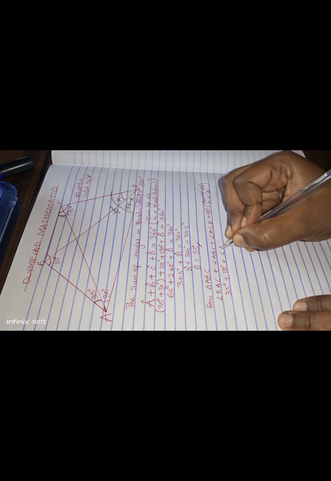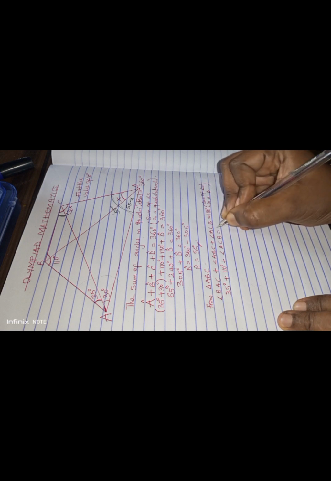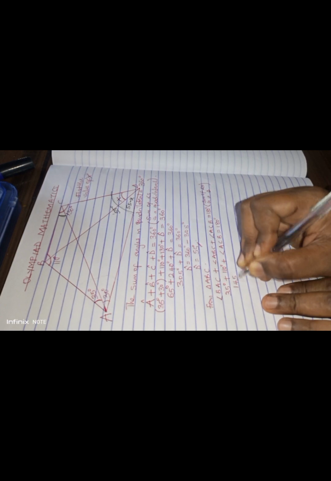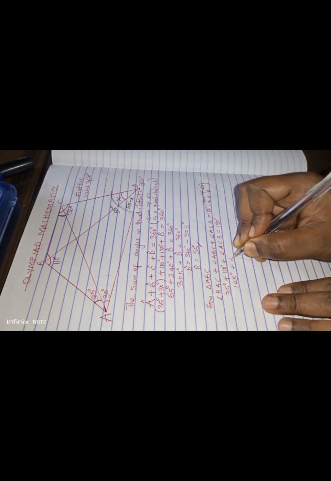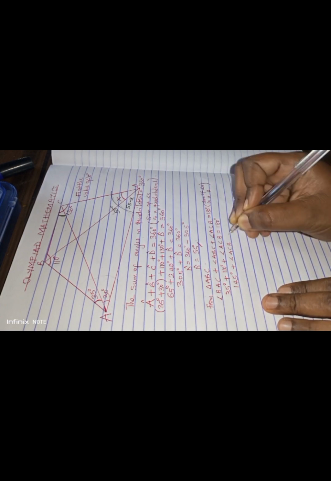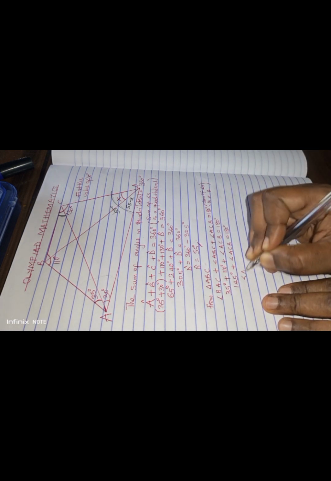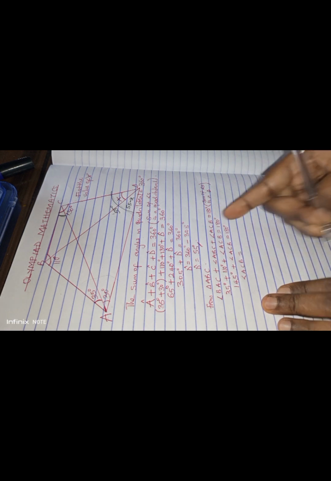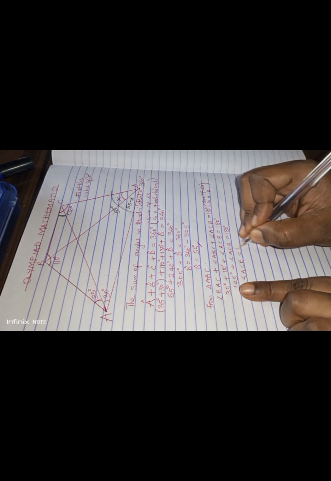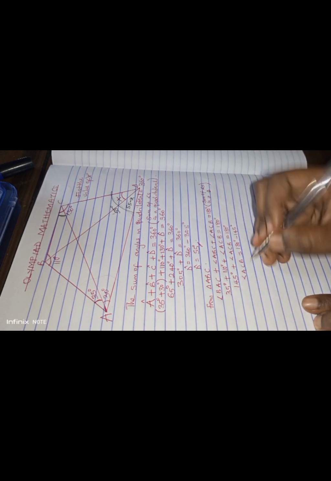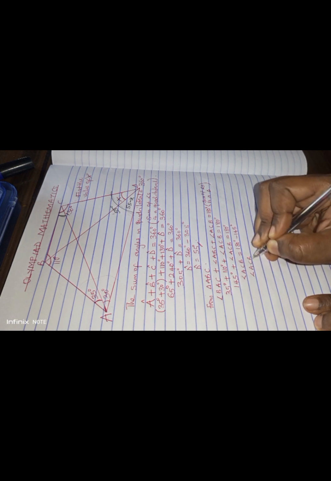Angle ACB is equal to 180 degrees. 35 degrees plus 110 degrees, that is 145 degrees, plus angle ACB is equal to 180 degrees. Now, angle ACB is equal to 180 degrees minus 145 degrees, and that is 35 degrees.